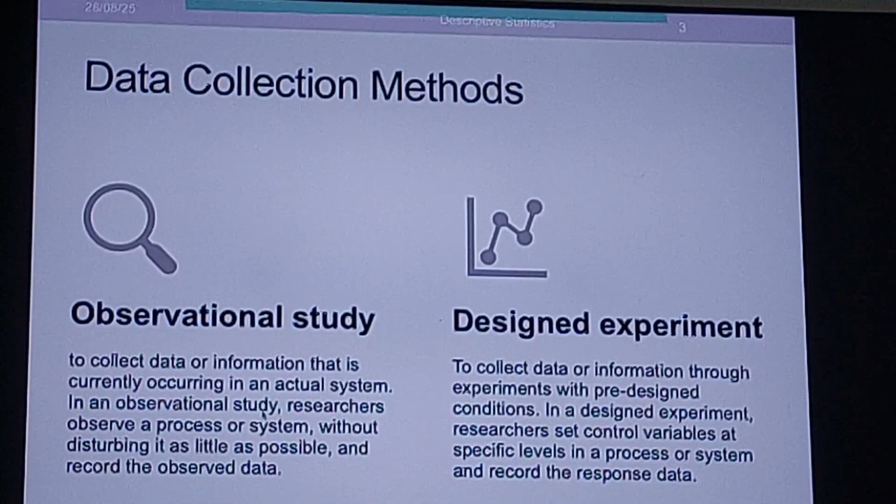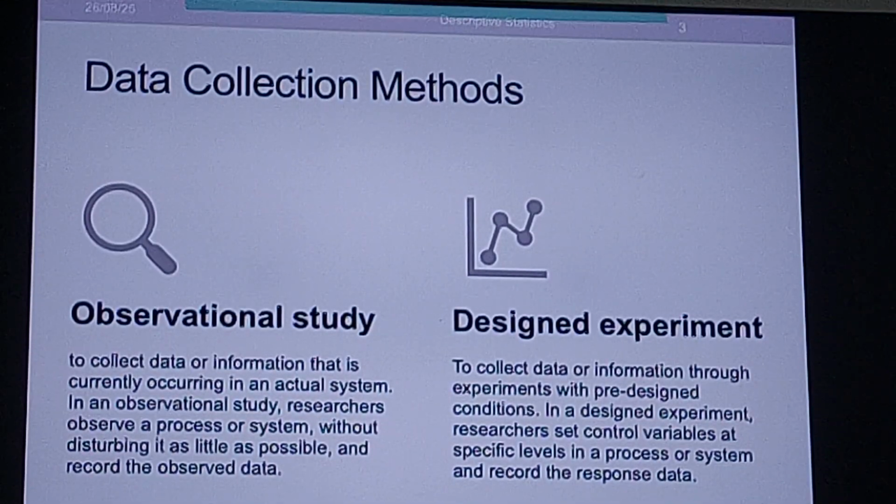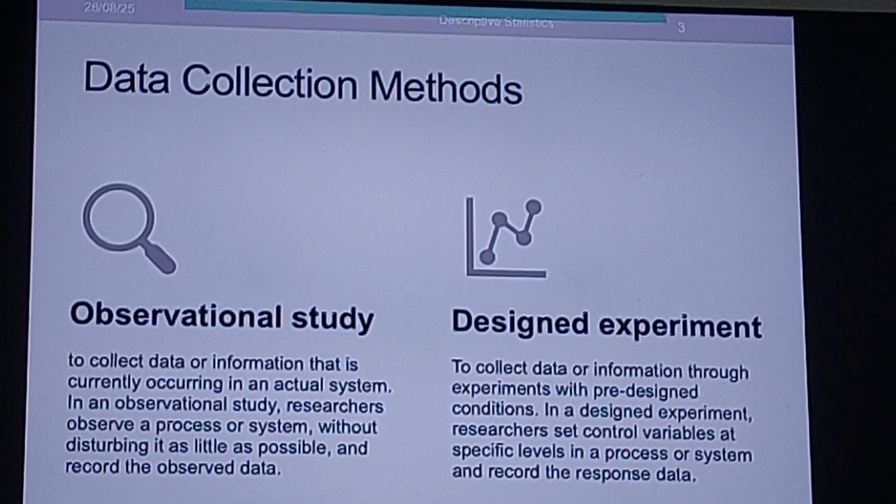So in observational, we just observe the data that happen right now. However, for design of experiment, we can control the experimental performing: what kind of variable we want to explore, how many samples we want to explore, and anything else.